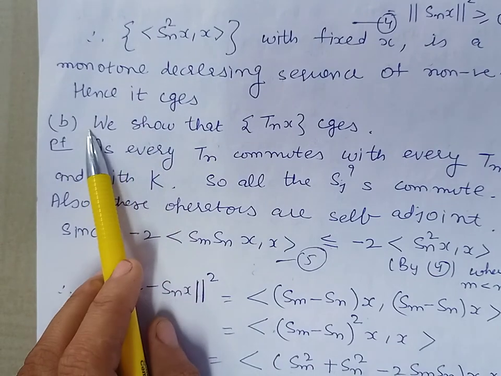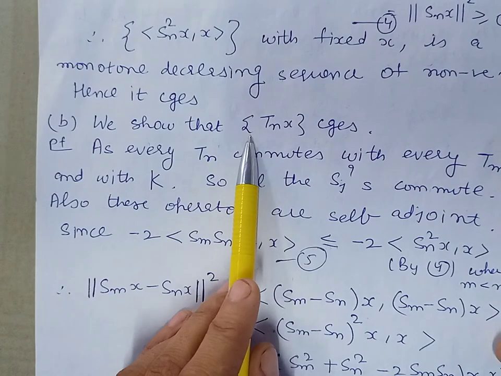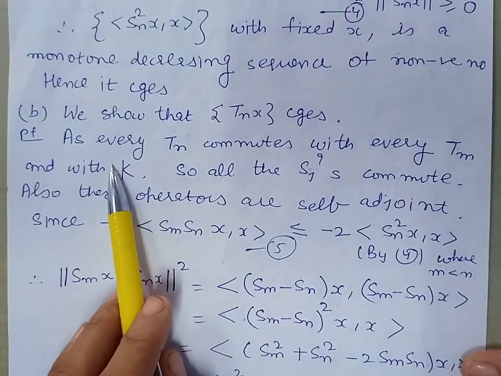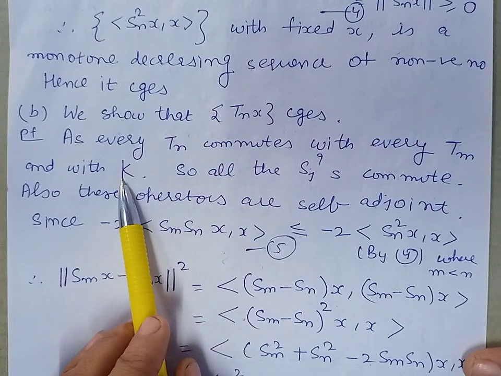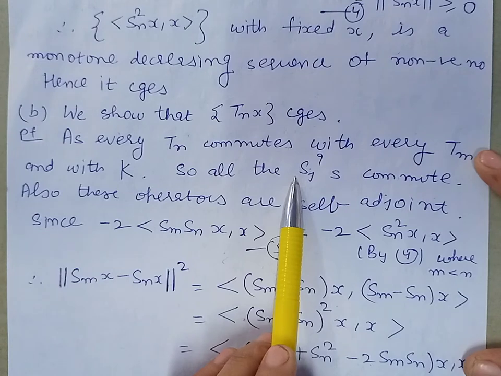In the second part, we prove that the sequence Tn is strongly operator convergent. Now because we are given in the statement that every Tn commutes with every Tm and also with k, therefore we can say that all the Sj's commute, and also these operators are self-adjoint operators.